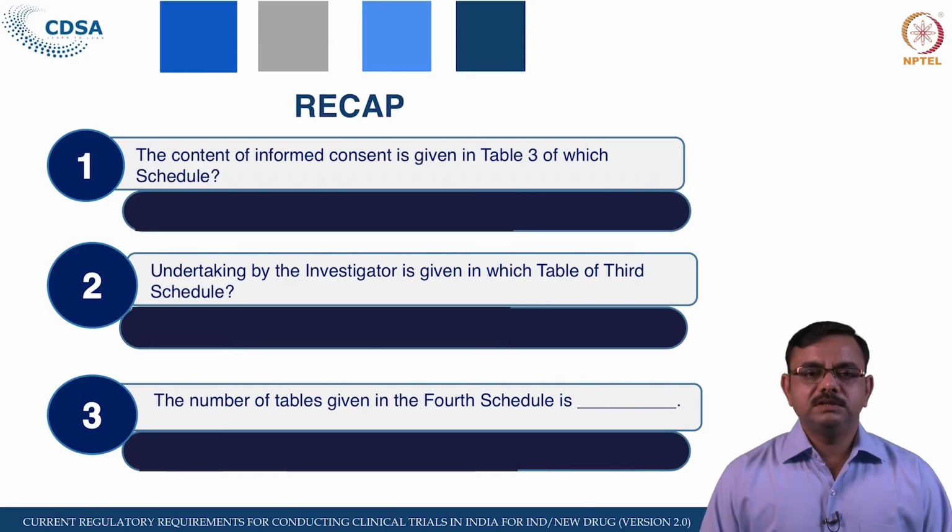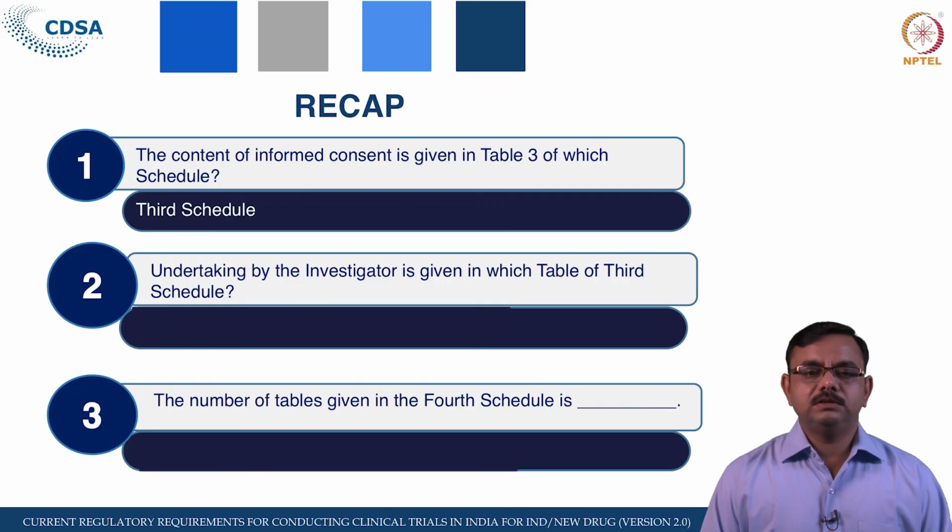So let us have questions for you. The first question: the content of informed consent is given in table 3 of which schedule? So you have to answer which schedule is there for the content of informed consent. It is the third schedule. The next question: the undertaking by the investigator is given in which table of the third schedule?